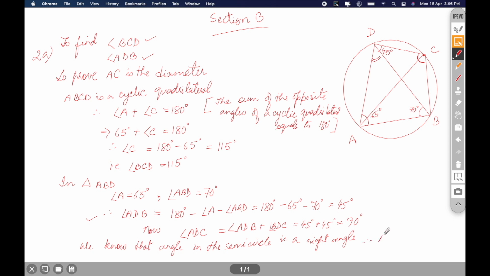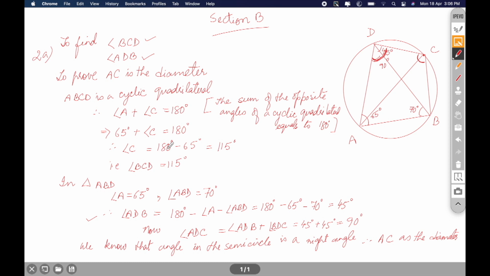Therefore, we have to consider AC as the diameter. You all can see this angle in total is 90 degree. So if we consider AC as the diameter, we can say that this is an angle in the semicircle giving us 90 degree angle.